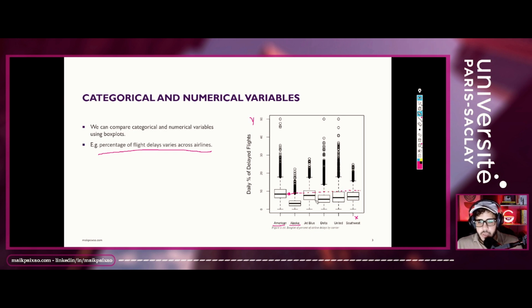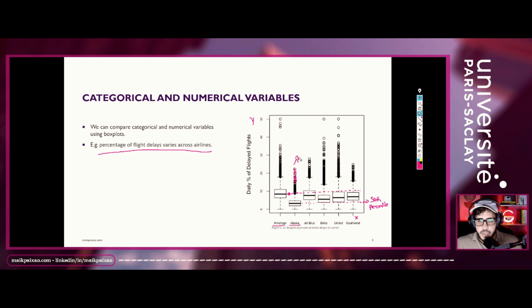Meanwhile, Alaska has the lowest median of the six airline companies, and as I said, the median accounts for the 50th percentile, because it's based on percentiles. We can also see these rounded circles that account for outliers, but that's not the topic of our lecture today.